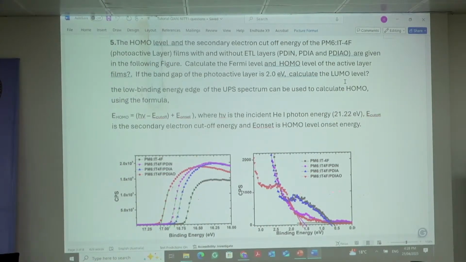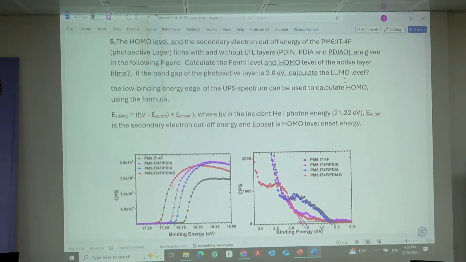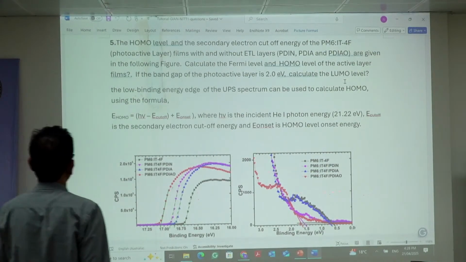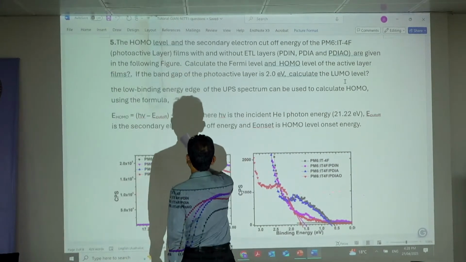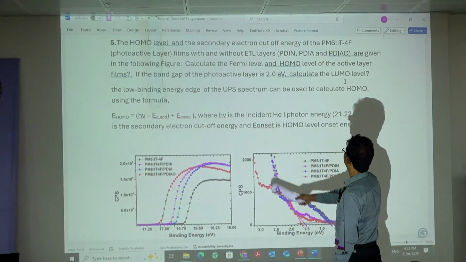The cutoff is the secondary electron cutoff, I have already given it. I gave the HOMO onset. I already gave the formula here, h nu minus cutoff. What is the secondary electron cutoff? I gave the formula also.